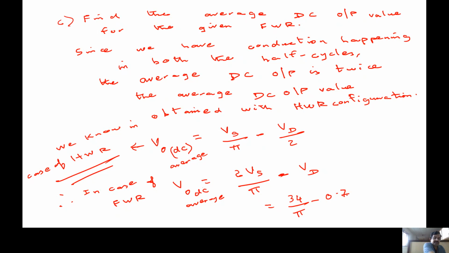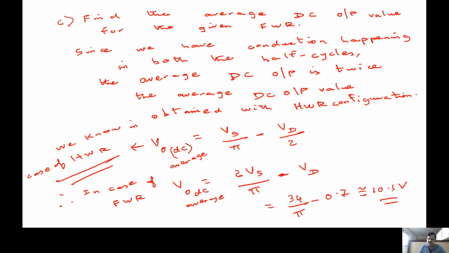So if you look at the calculator, let me find out. So it becomes 34. We can do an approximation. Pi is 3.1. So you'll get something like, okay, let me do this, minus 0.7. So I will get 10.1 volt. Now think about this.